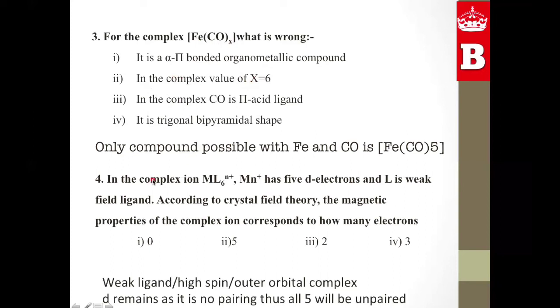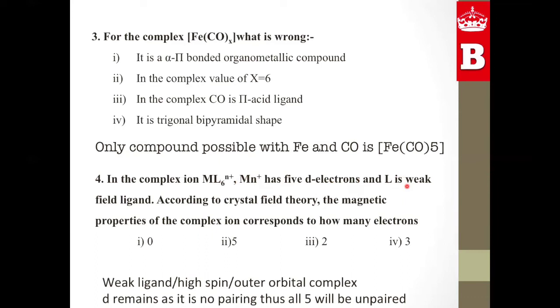So one more question is there. In a complex ML6 to the power n+, where M has 5 d electrons, so the d orbitals have only 5 electrons. The next clue is that L is a weak field ligand. If L is weak, that means a high spin complex, or outer sphere complex, is possible, and the hybridization will be sp3d2.